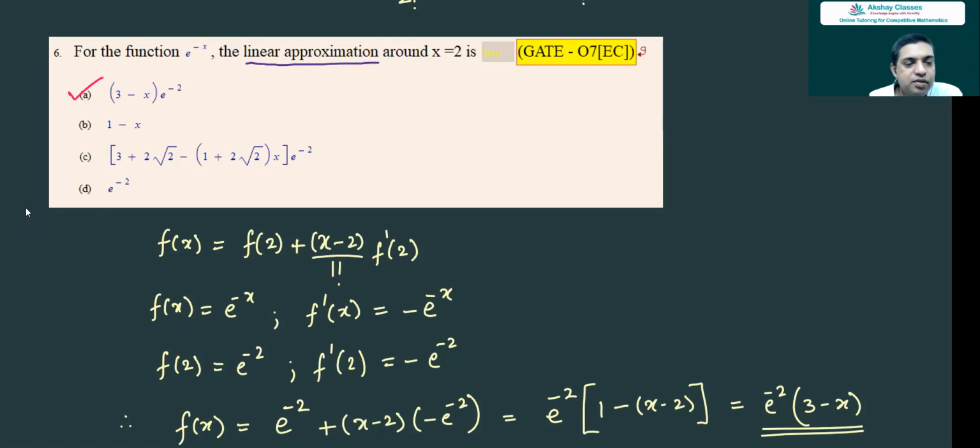Sir, one doubt. If we have taken more terms, like if x minus 2 the whole square, it will also have some linear terms, right? Yeah, good question. It will have a linear term, but you have not truncated at a linear factor.